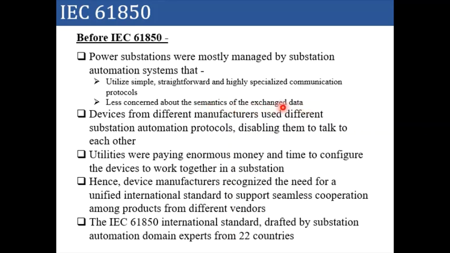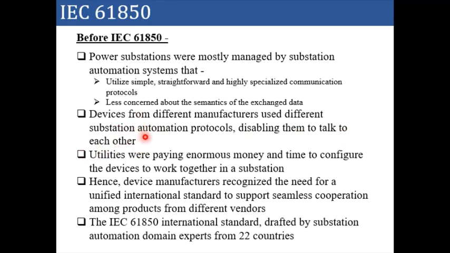Because of that, there was no standard format of the data communication. So what was the problem utilities were facing? The devices from different manufacturers were using different substation automation protocols, which were disabling them to talk to each other.